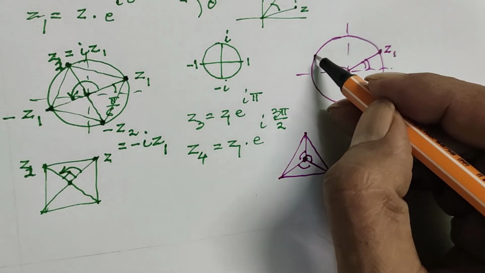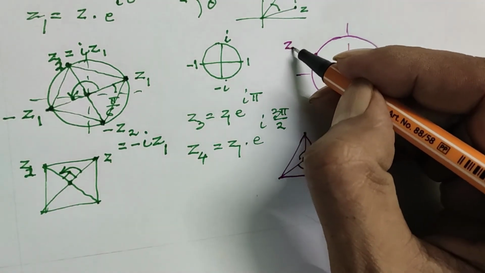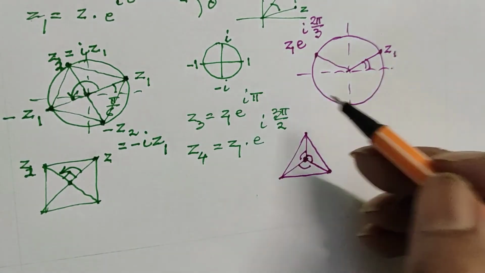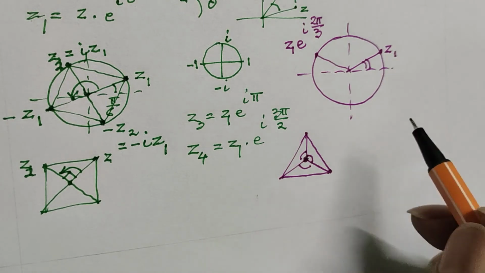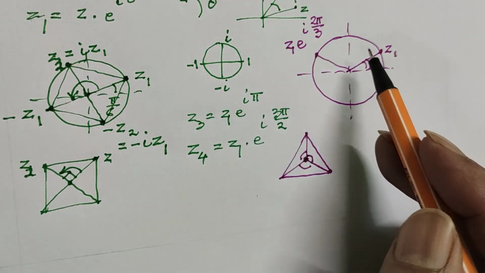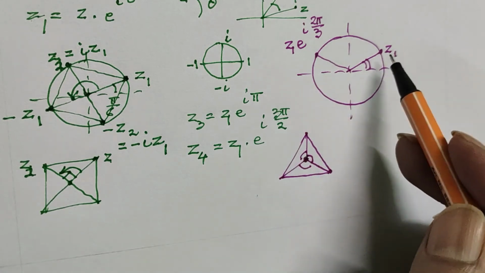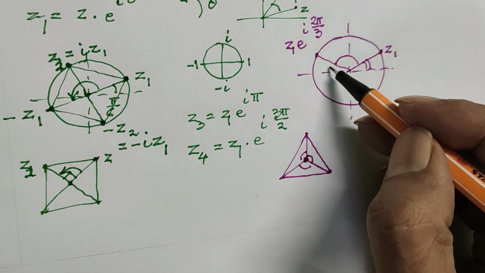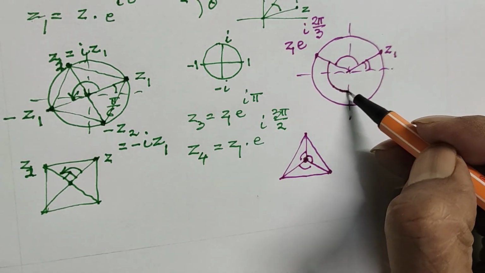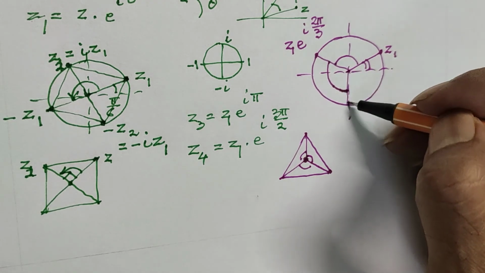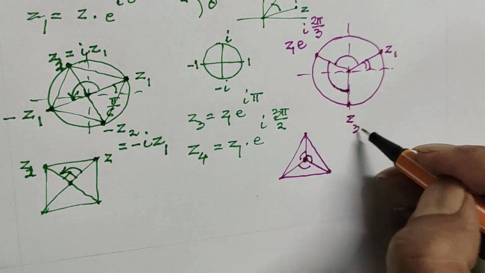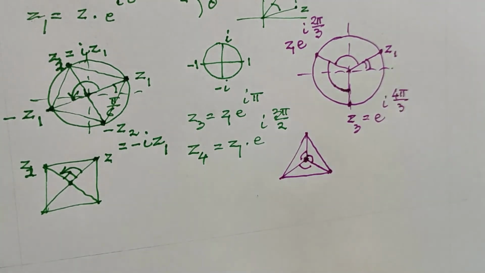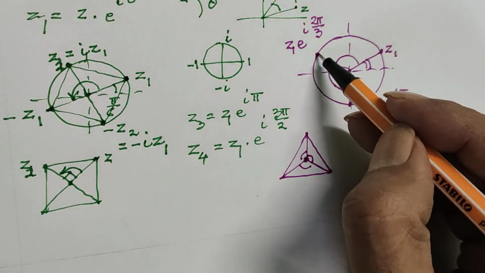So the next point will be at z1 e^(i 2 pi by 3), turning by 2 pi by 3. So e^(i theta) turns the z by an angle of theta. Again 2 pi by 3 will come here somewhere. So this will be the third point, z3, which will be z1 e^(i 4 pi by 3). And this will form an equilateral triangle.